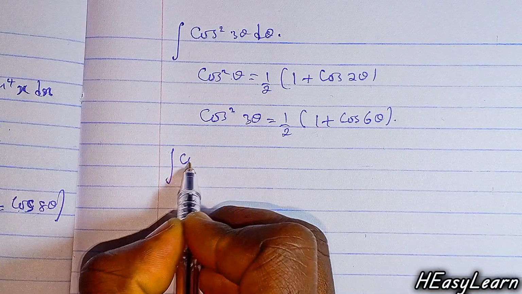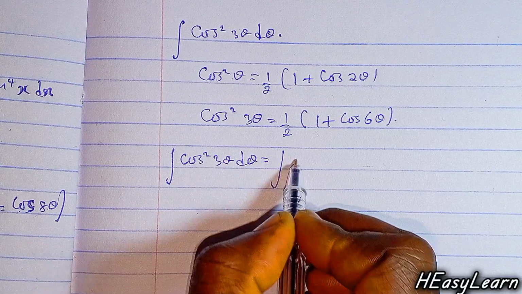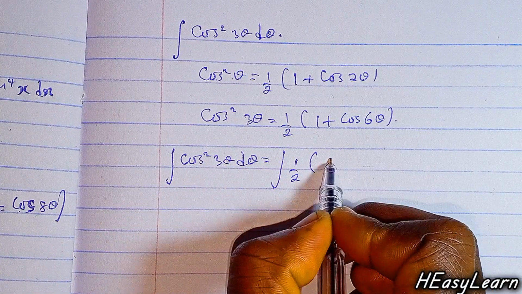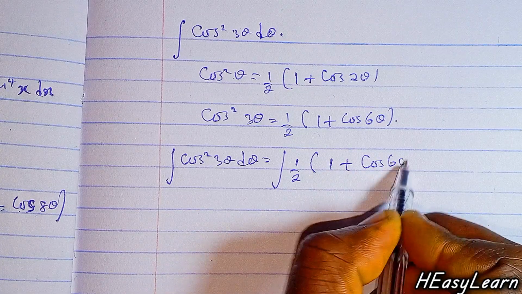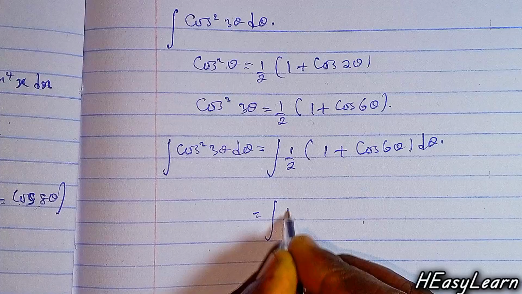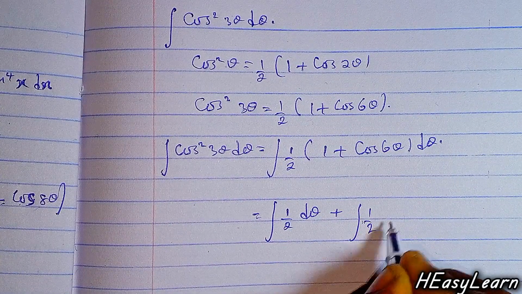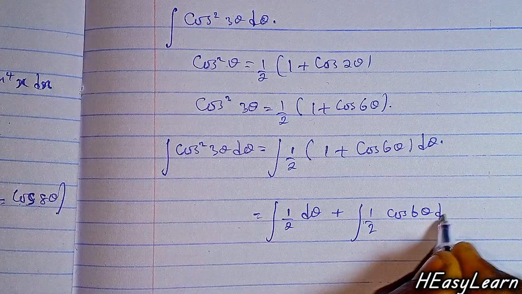So the integral of cos square 3 theta d theta is the integral of 1/2 (1 plus cos 6 theta) d theta. So integrate term by term. This is the same thing as 1/2 d theta plus 1/2 cos 6 theta d theta.